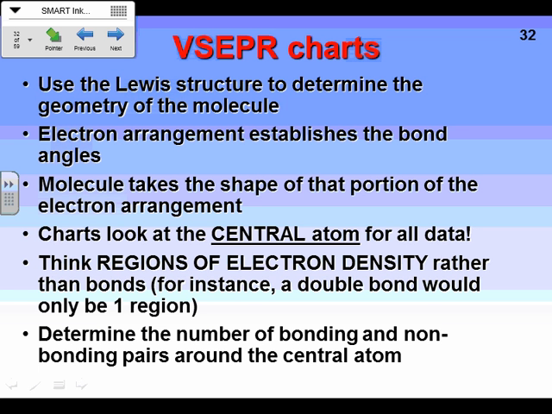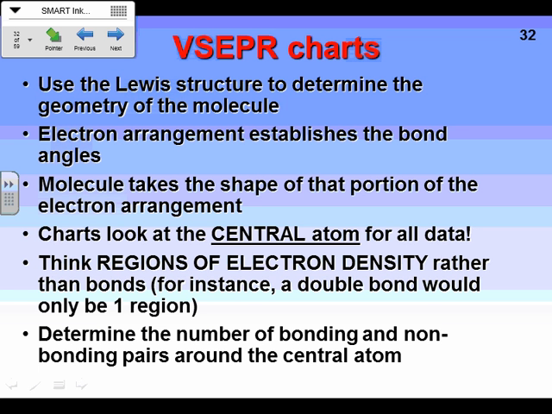It's the first thing you always have to do. Then you're going to figure out the bond angles based on the electron arrangement. Okay, you're going to look at the central atom for all your data. In other words, you're going to look at the number of electrons around the central atom, the number of electron pairs. That's what determines all of this geometry.